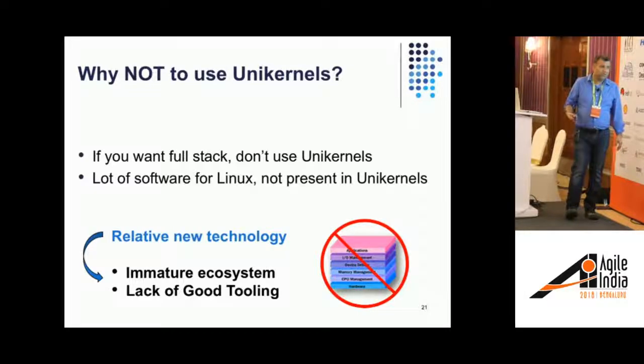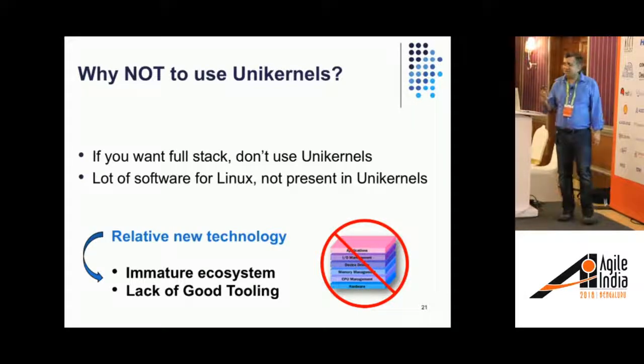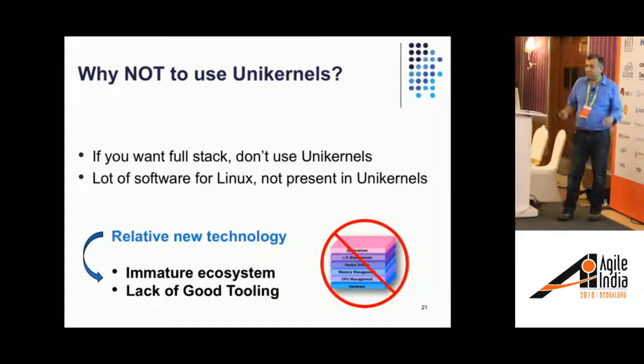And one of the drawbacks generally with unikernel is that it's relatively a new technology, right? And with any new technology, there's a lack of tooling. There's a lack of knowledge. There's just not a good enough ecosystem. Hopefully this is something that we would fix as time passes by, but that's the state of affairs right now.